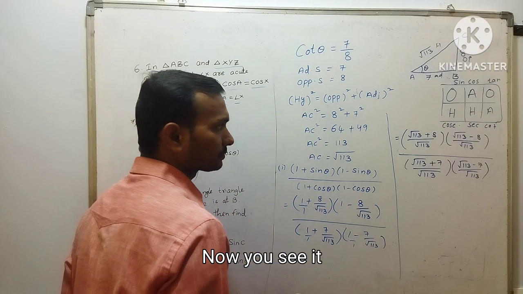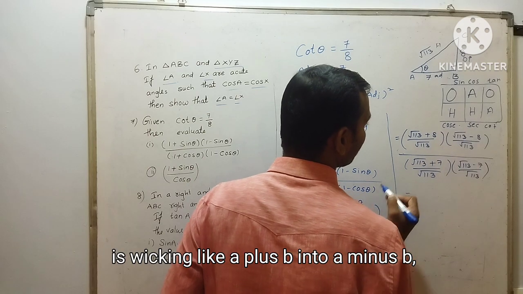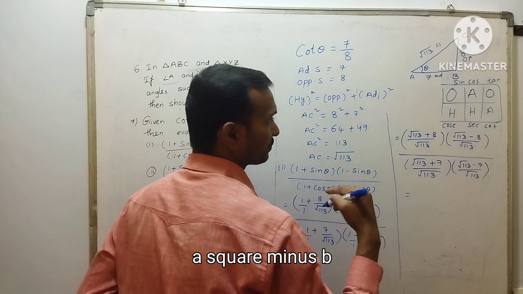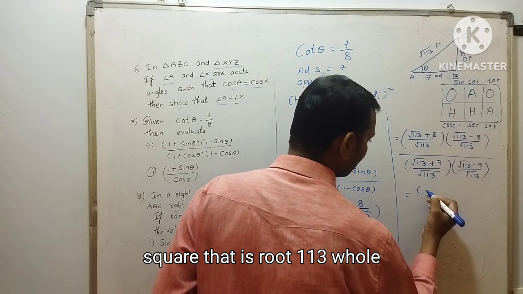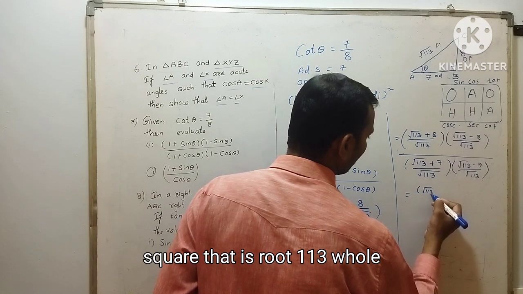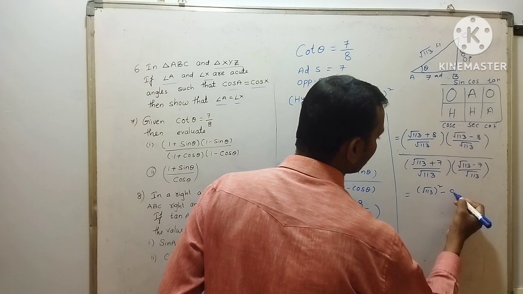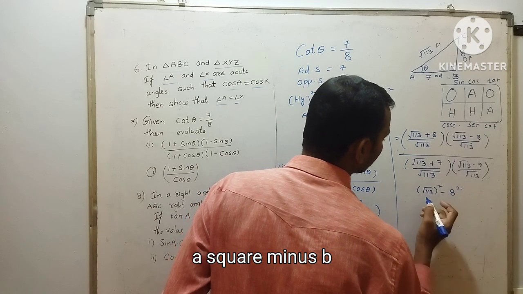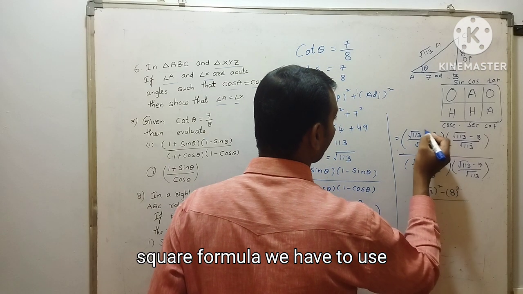Now you see, it is looking like a plus b into a minus b. A square minus b square. That is root 113 whole square minus 8 square. A square minus b square formula we have to use.